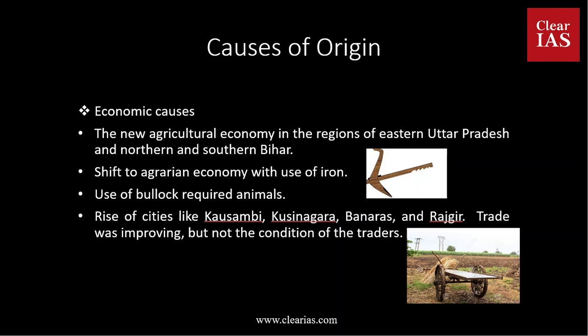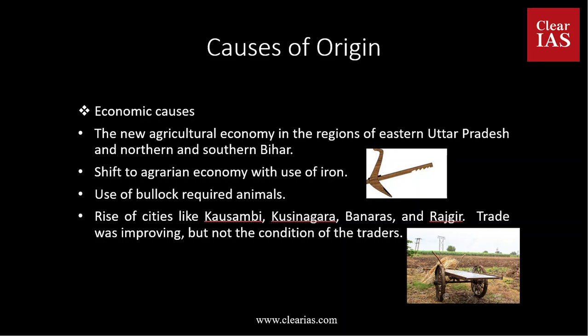So the traders, who were trying to carry trade from one place to another, were not feeling that their condition was improving, and hence it also gave them an opportunity to seek alternate ways of life.